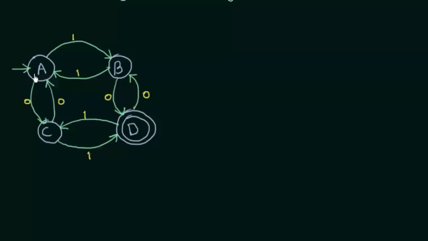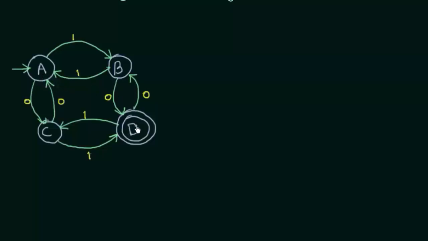Now we see that there is something different about state A and state D. What are they? In state A, we see an arrow that is coming from nowhere and pointing to A. This means that A is the starting state or the initial state of this DFA. Whenever you see an arrow coming from nowhere pointing to a state, that shows that it is the initial state or the starting state.